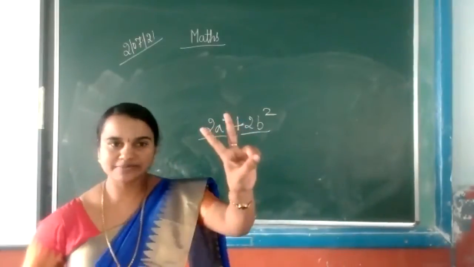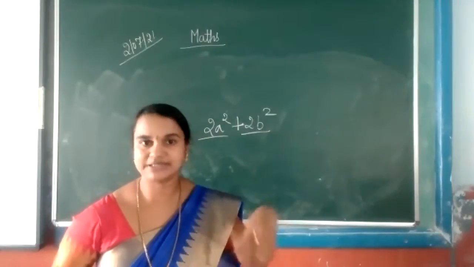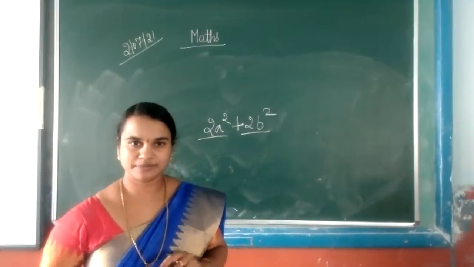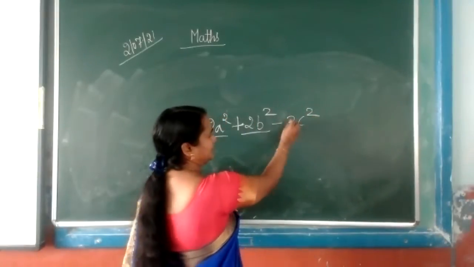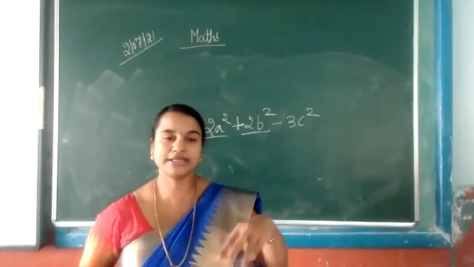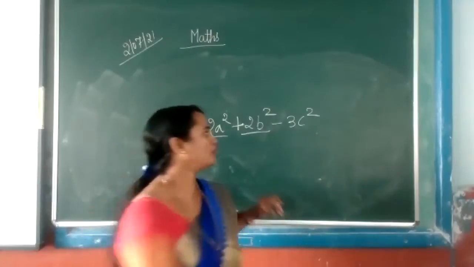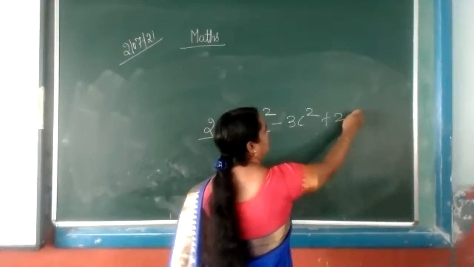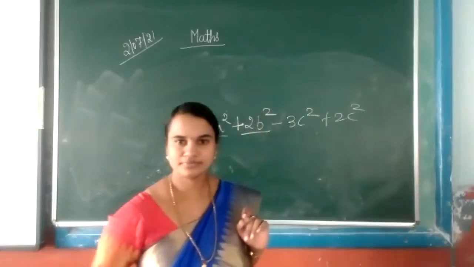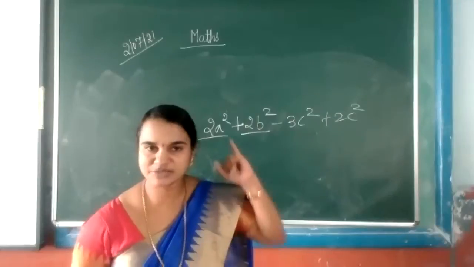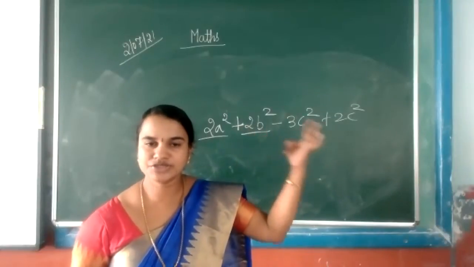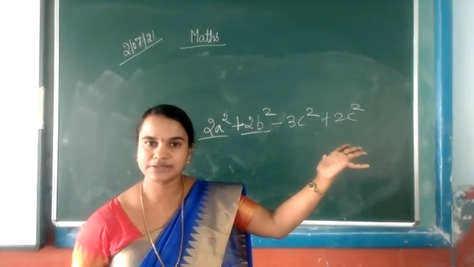Two terms means binomial. Now I give one more term, that means first, second, third. That is a trinomial. Again one more, plus 2c square, so that will be a multinomial. Understood what is monomial, binomial, trinomial, multinomial?